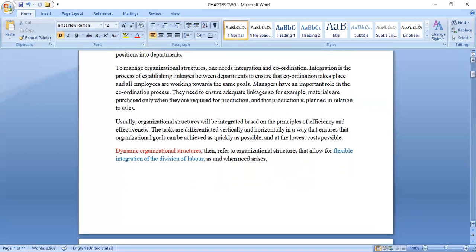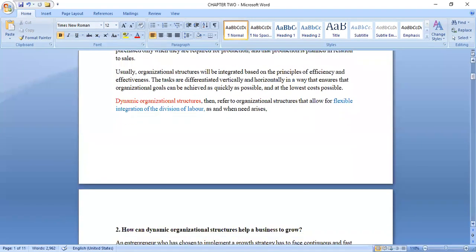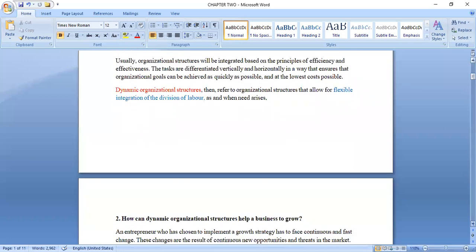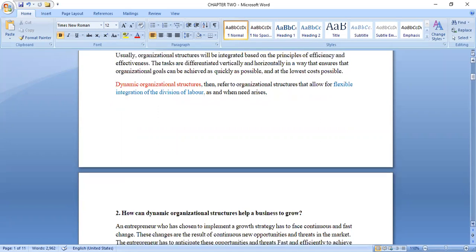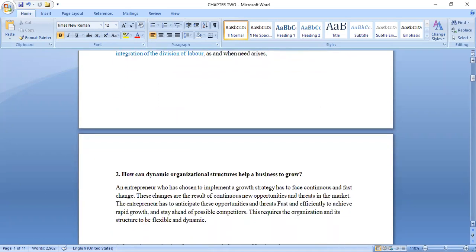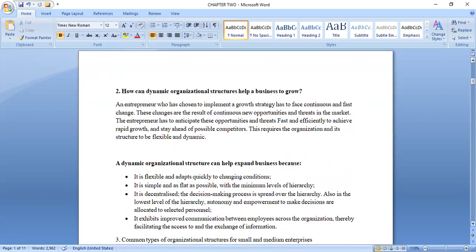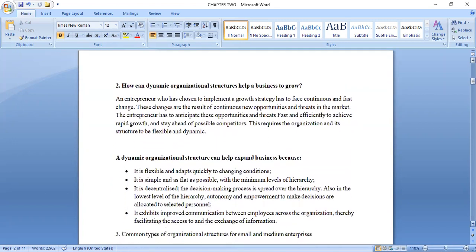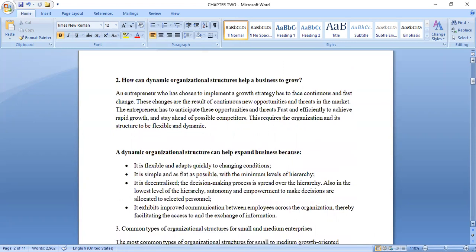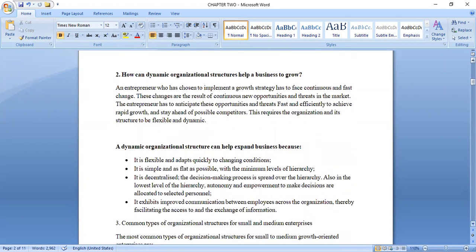So dynamic means flexible, right? So dynamic organization structures are flexible structures that help in the integration of division of labor, right? With the division of labor, we mean that the tasks are shared among different individuals in an organization.